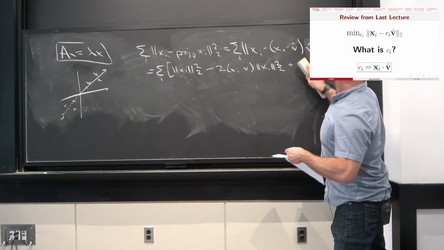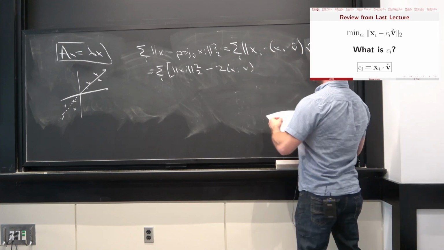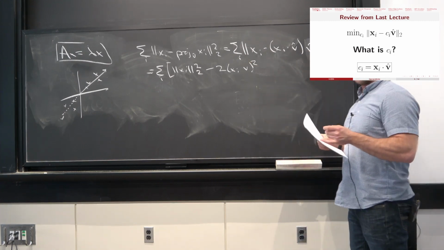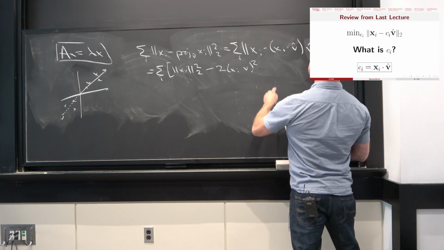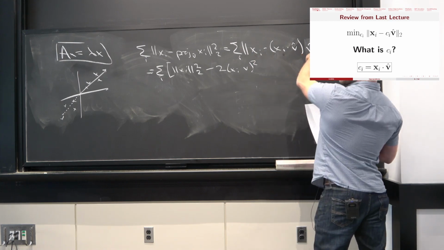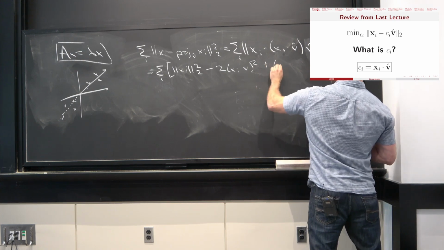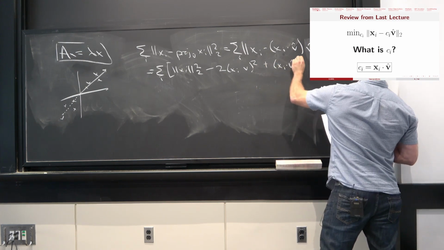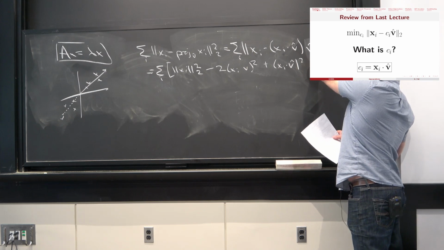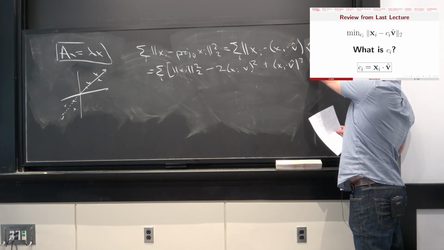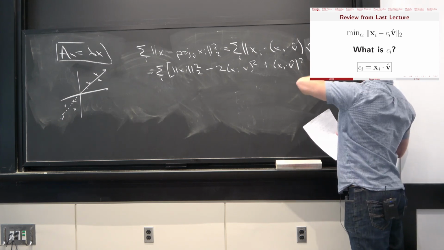Okay, so in particular, the cross term should be that, right? Because we've got xi dot v, xi dot v. And then plus, we've got xi dot v squared, and then what is v hat dot product with v hat? 1, thank you. That's right.